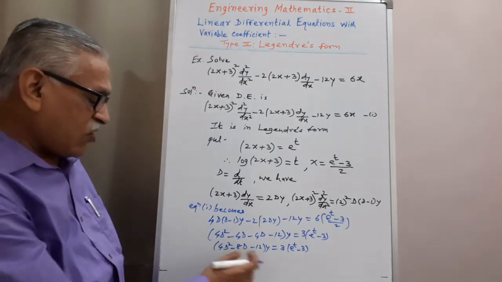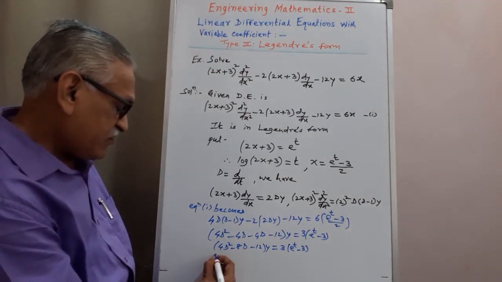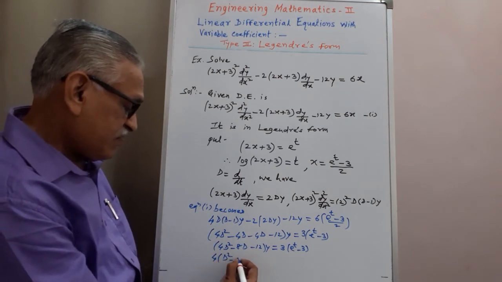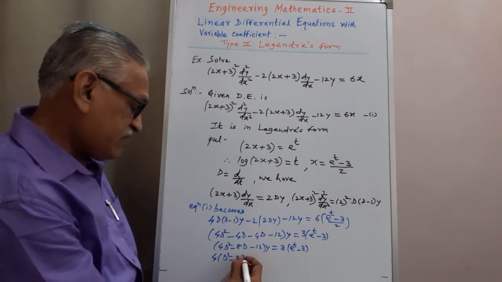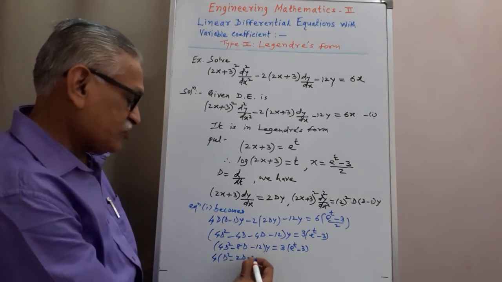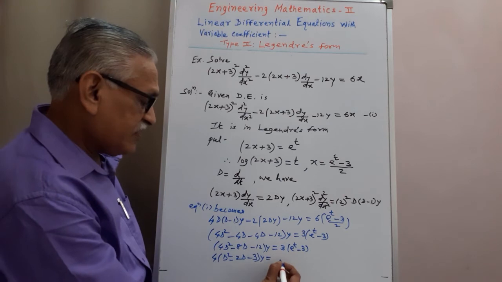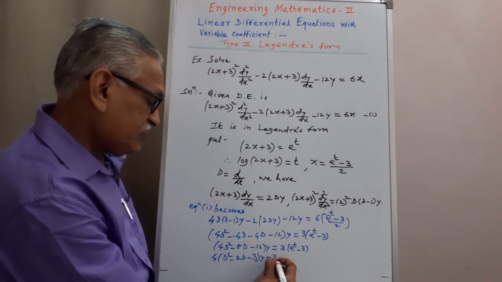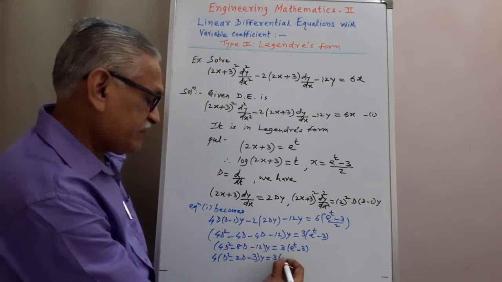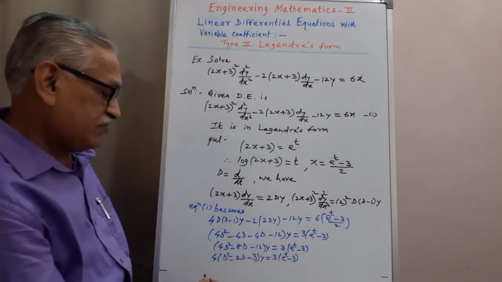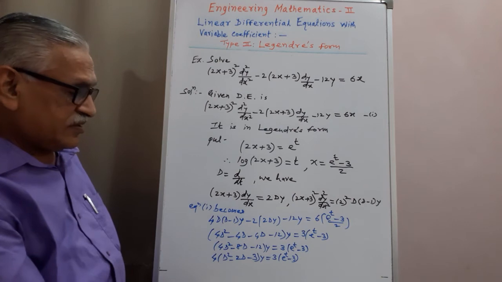Then taking 4 common from this, we get 4(D² − 2D − 3)y = 3(e^t − 3).